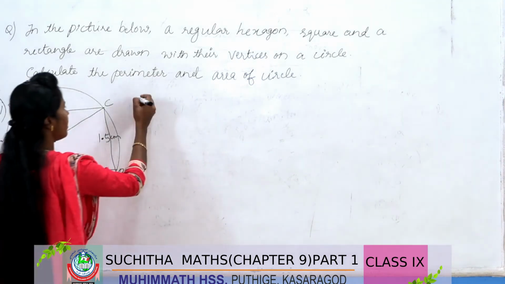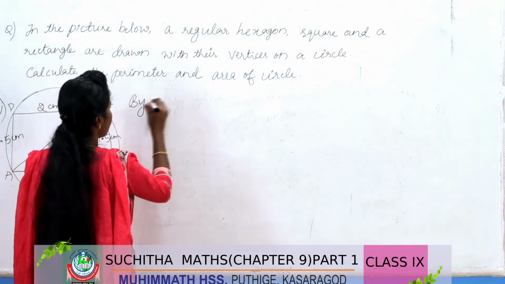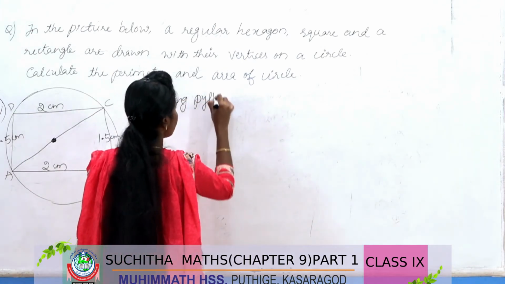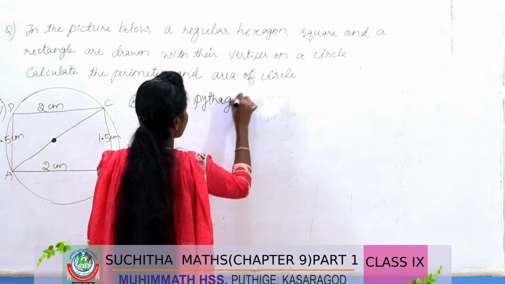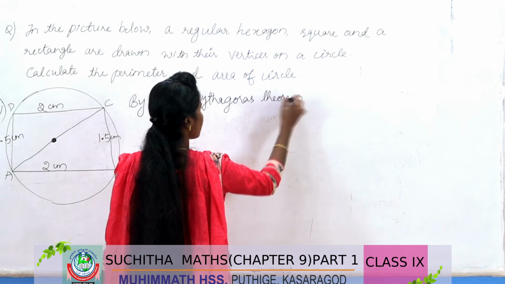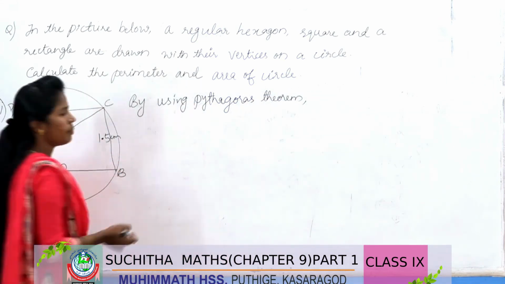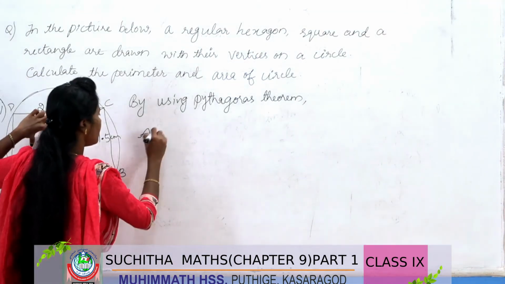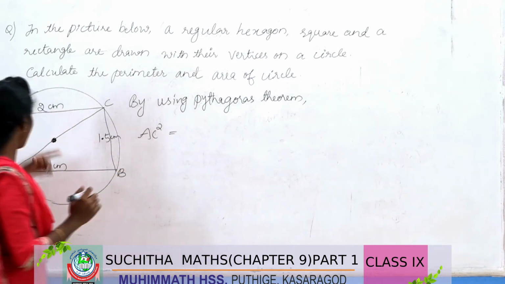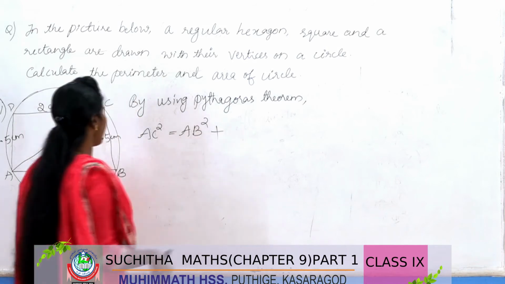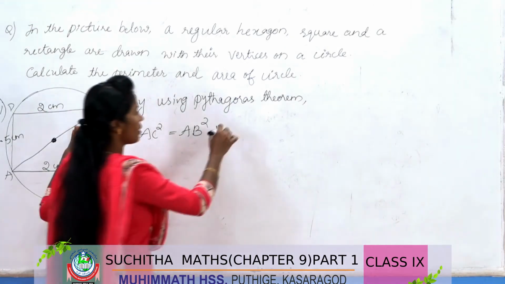That is Pythagoras theorem is, by using Pythagoras theorem, hypotenuse square equal to base square plus altitude square. Here hypotenuse is AC, that is AC square equal to AB square plus altitude square, that is BC square.